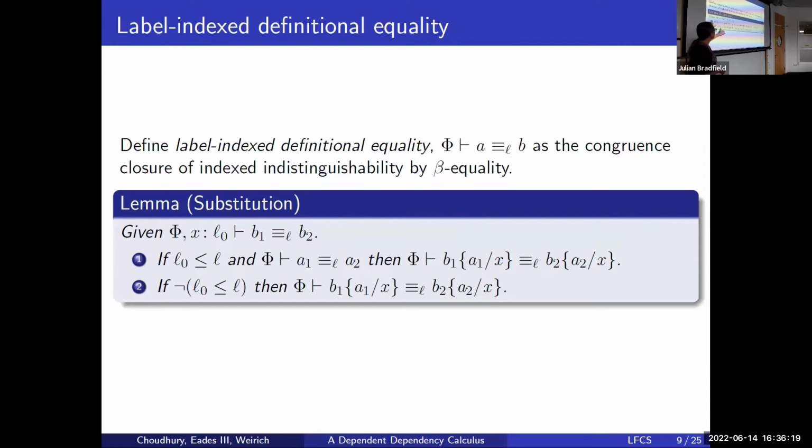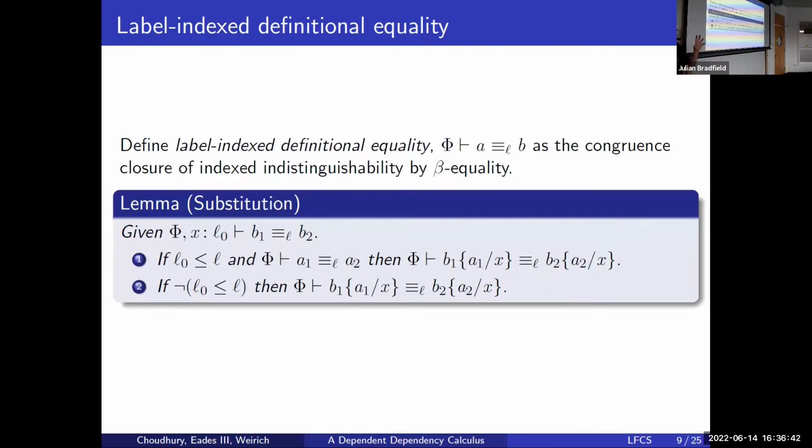If L naught is not observable, we can substitute any two terms. Notice there are no preconditions on those. So the context and the level I'm using guide what things have to be the same and what things can be ignored when we're thinking about this definition of equivalence.